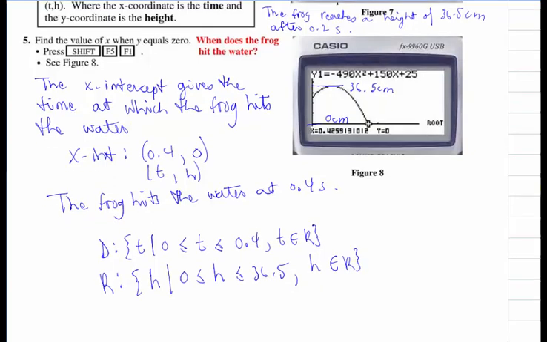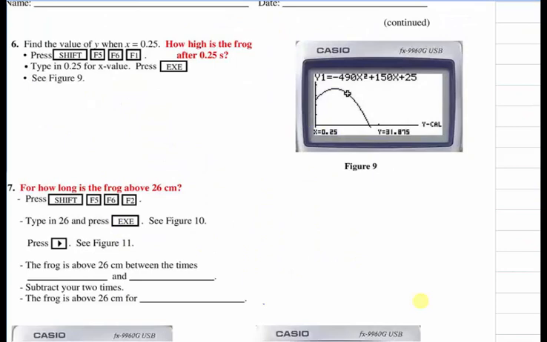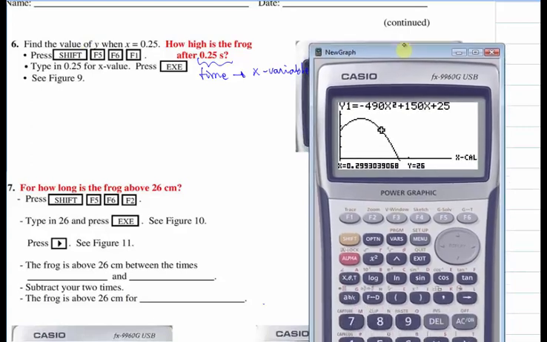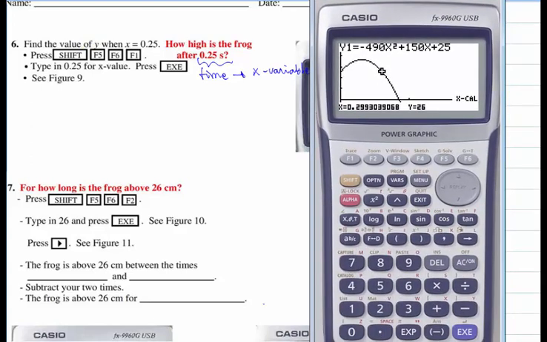Okay, next question. In this next question, you're asked to determine how high the frog is after 0.25 seconds. So this represents time, and in your graphing calculator, that's your x variable. So what the question is telling you is when x is 0.25, what is the value of y? Okay, so let's get our calculator out, and we're going to go Shift F5.